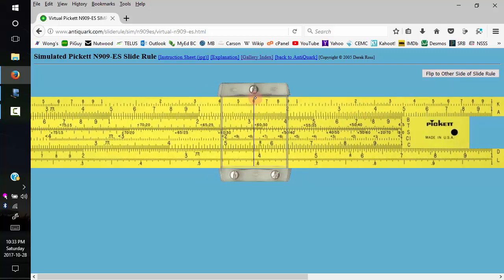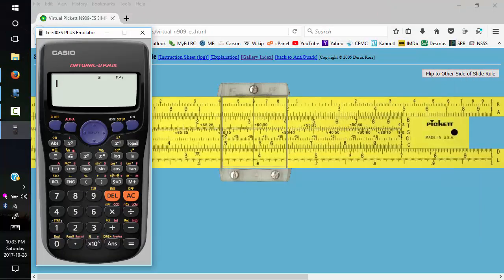If we wanted the cube root of 60, we would see that it's roughly 3.91 to 3.92. If we use this on a calculator, we do the cube root of 60, we see that's 3.91. So it's right between 3.91 and 3.92.